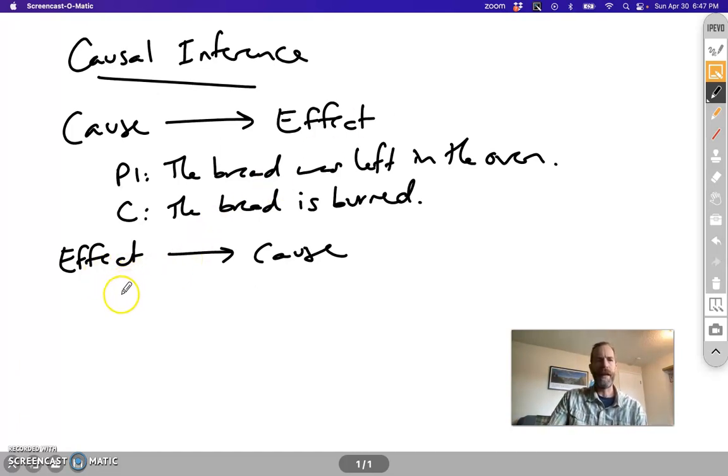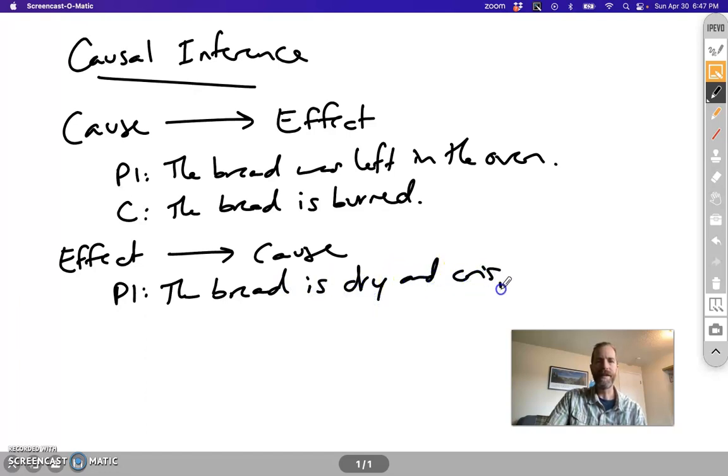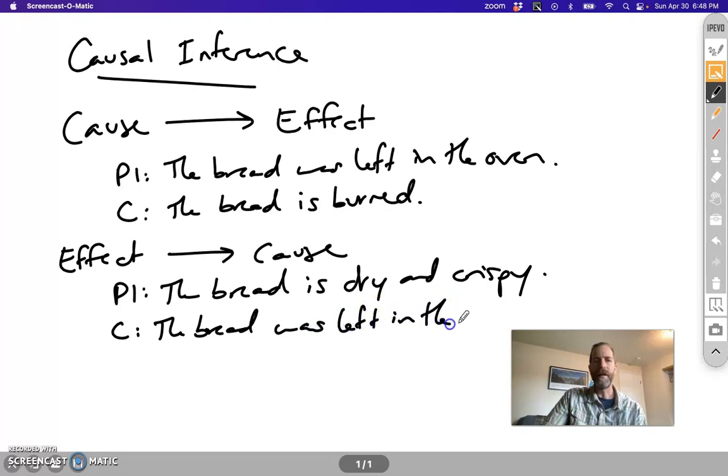But a less extreme example would be, suppose that you are eating bread and it's very dry. The bread is dry and crispy, let's say. That's the effect, and then we're trying to infer what caused that to happen. So the conclusion is the bread was left in the oven too long.